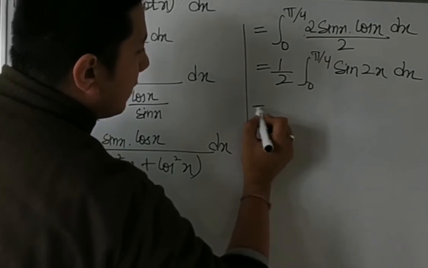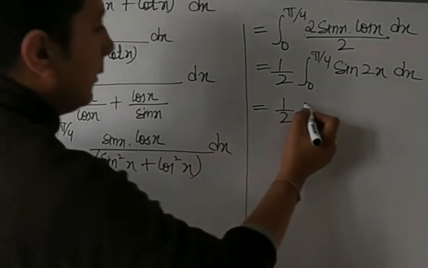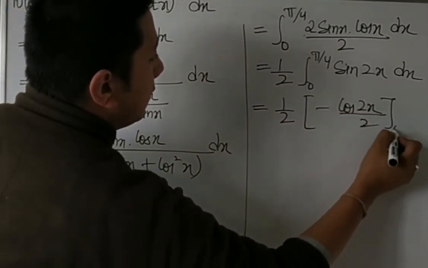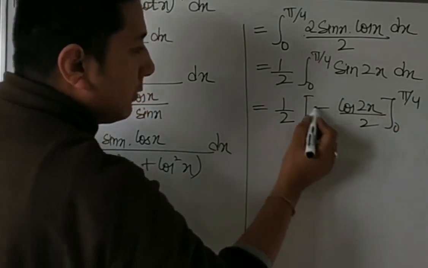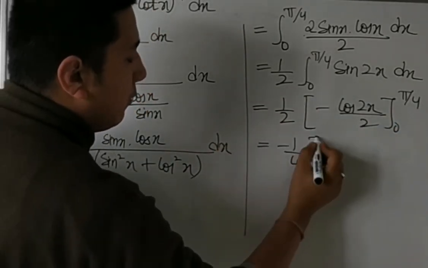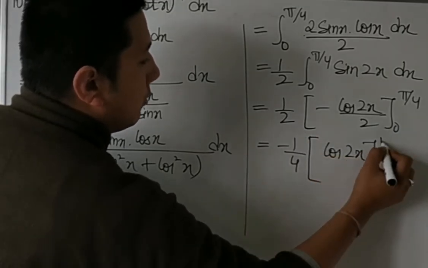Now the integration of sin 2x, we know, is minus cos 2x by 2. So minus cos 2x by 2 goes from 0 to pi by 4. Minus half is a constant, bring it outside: minus 1 by 4, and this is cos 2x from 0 to pi by 4.